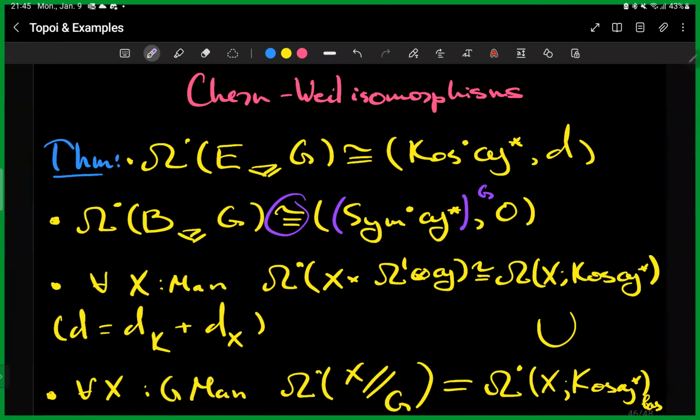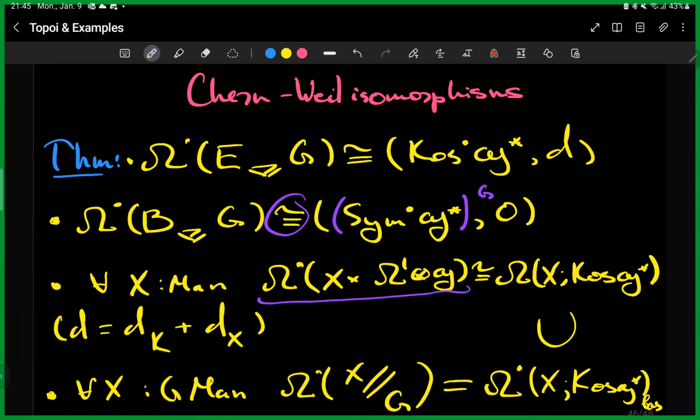And for an arbitrary manifold, we have the following. First of all, the de Rham complex of this product, so we take the product of X with this sheaf, is equal to the de Rham complex of X valued in the Koszul complex of the dual to the Lie algebra.